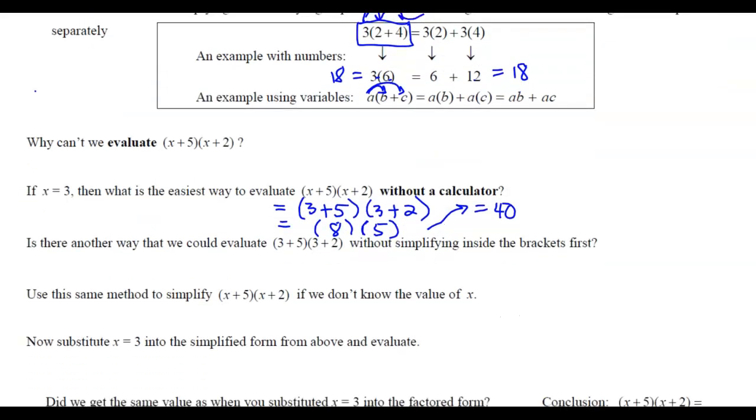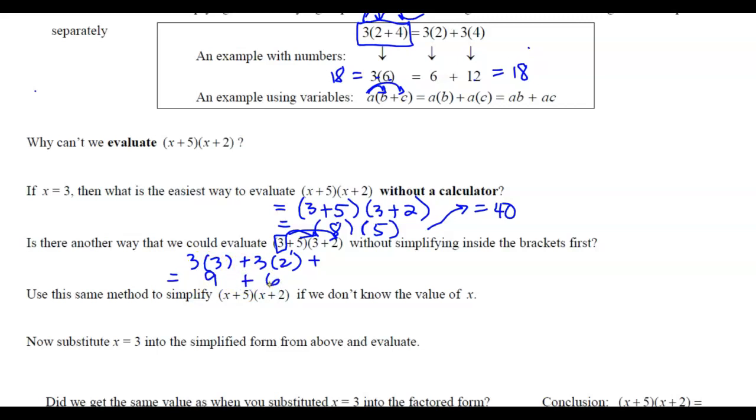Now, is there a way that we could evaluate this without simplifying inside the brackets first? What about if we did what we did in the box above, distribute? So let's say I took the 3 in here and I distributed it in the brackets. So I went 3 times 3 plus 3 times 2. Then I need to do something with the 5. 9 plus 6.